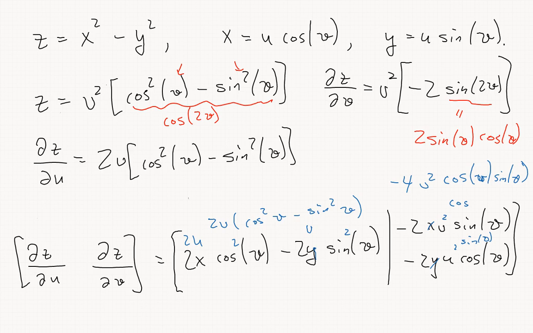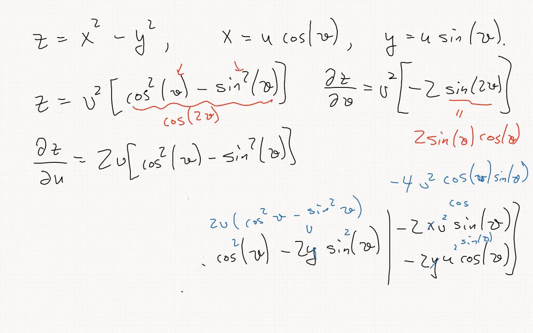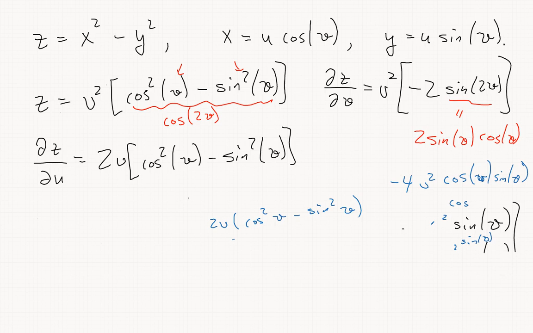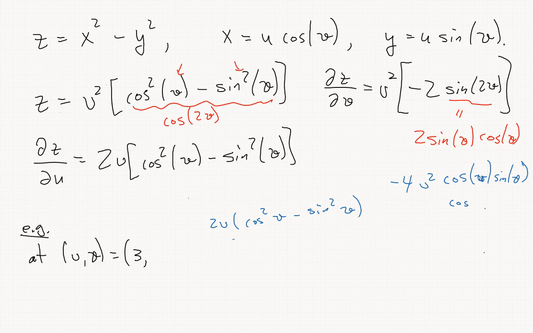And again, let's evaluate this at some particular value to make this more concrete. So let's take (u, v) equals, let's say, (3, pi over 6).